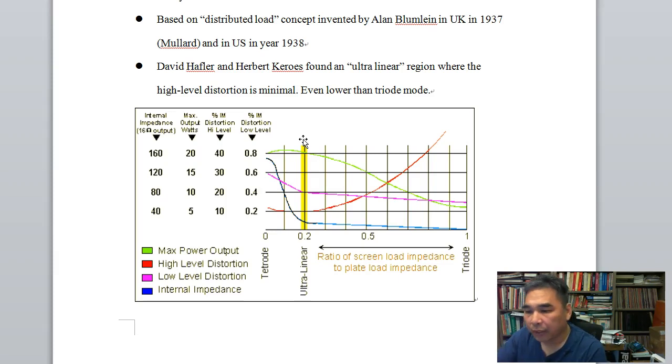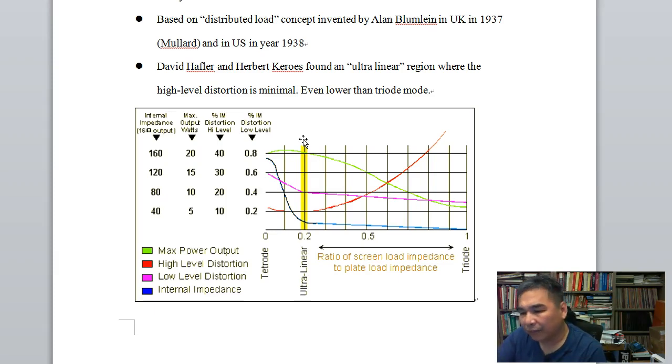This region is different tube by tube. So for a different type of output tube, you need to select a different winding percentage, a different percentage of the tap for the screen electrode.